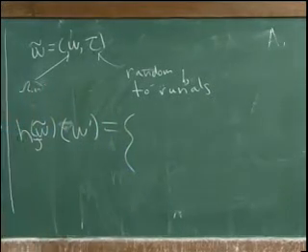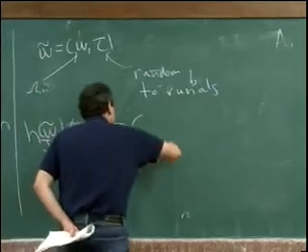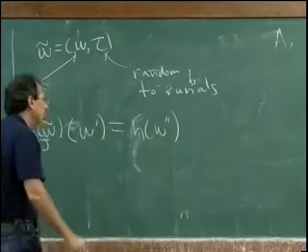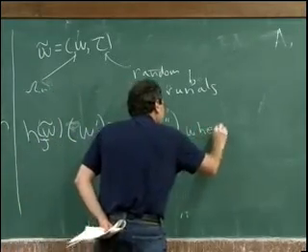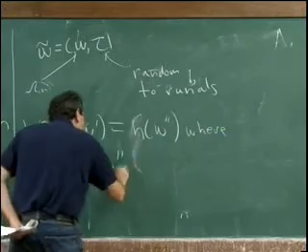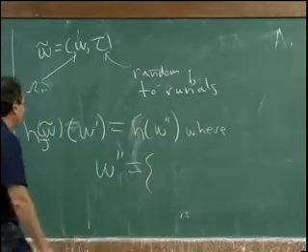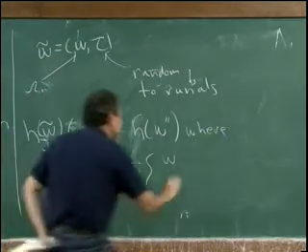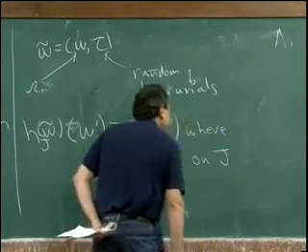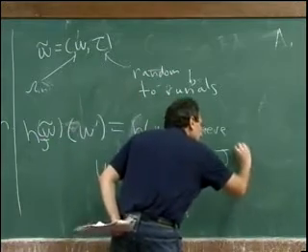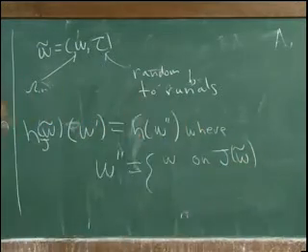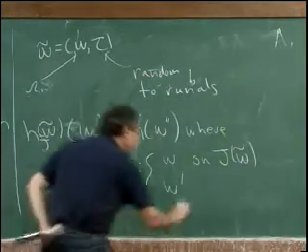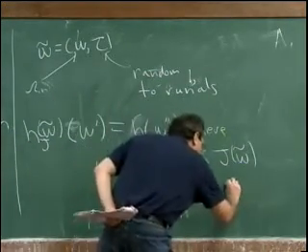And basically what this is, this is h of omega double prime, where omega double prime is taken to be the original sequence on J, and J depends on both sources of randomness, and it's equal to omega prime on the rest.